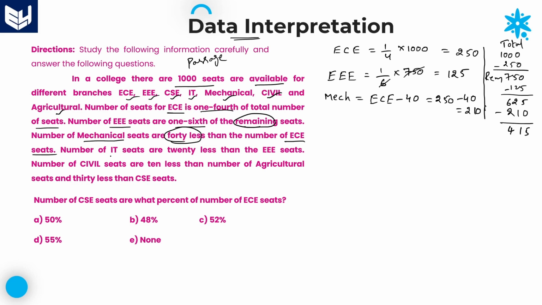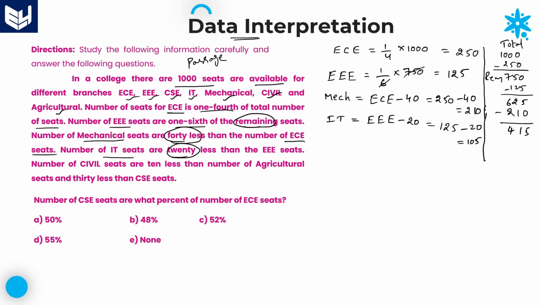And next, coming to IT. What about IT seats? The number of IT seats is 20 less than the EEE seats. Here we got EEE seats as 125. 125 minus 20 is 105.